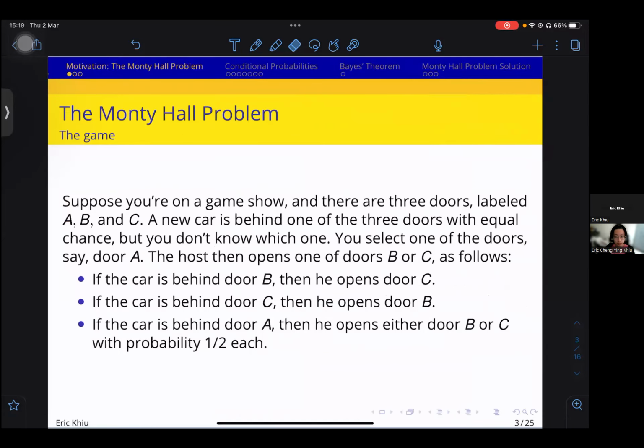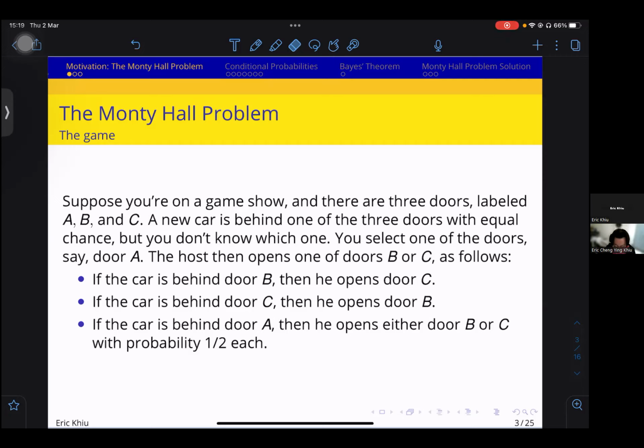So the Monty Hall problem says you are on a show and there are three doors, A, B, and C. And there is a car behind one of the doors with equal chance. And you choose a door. The host will open another door that isn't the winning door and also not the door that you pick.